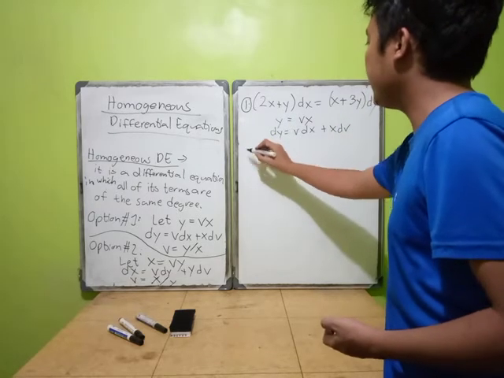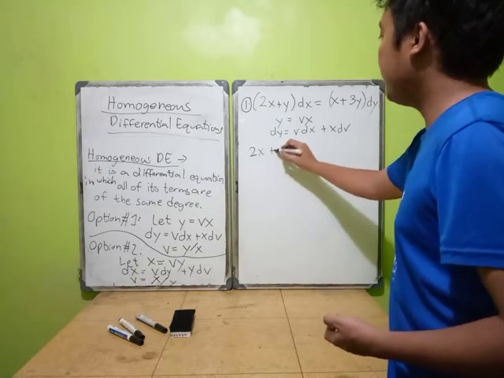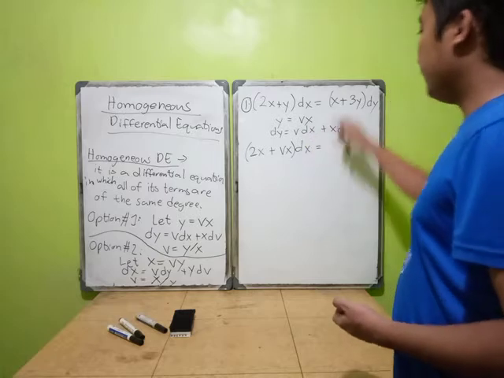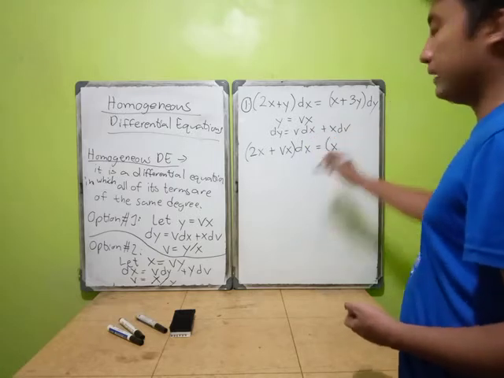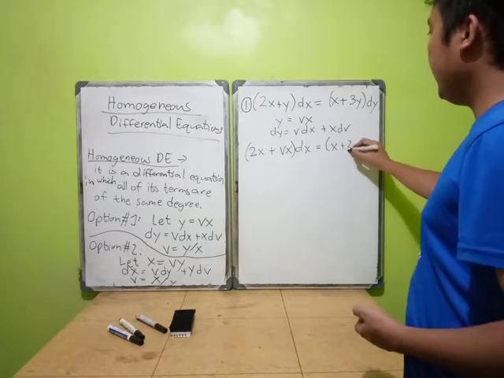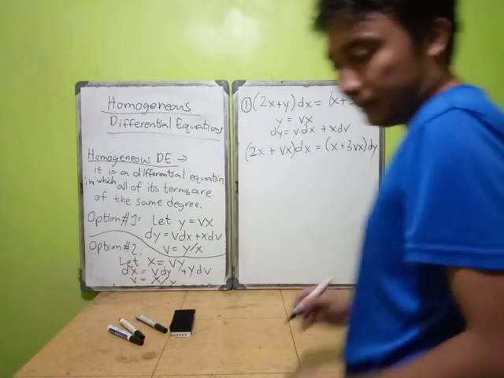So 2x, then replace na natin si y. So 2x plus vx dx is equal to x plus 3vx dy. Yan.